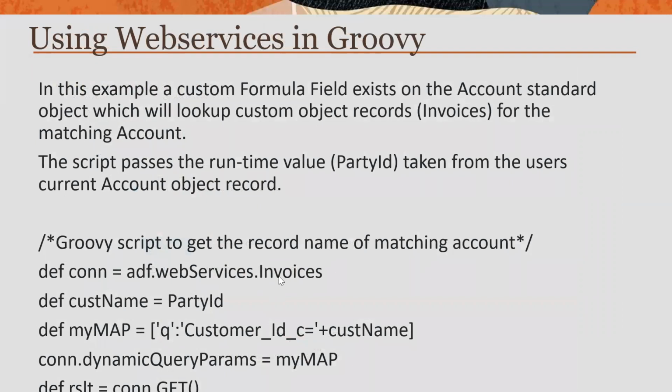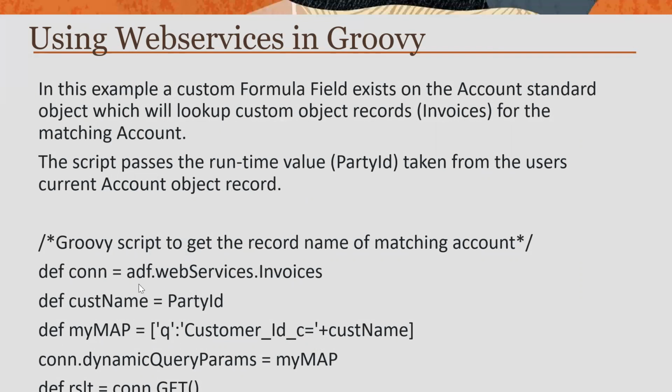Then we will call that web service here, and in Groovy we can pass the parameters, like which fields need to be updated and which fields need to be created. All of that, including which method, we will define in the Groovy, and then we can update or create a record. Similarly, just as we can create, update or delete records in the UI, we can call these web services and manipulate the data using them.